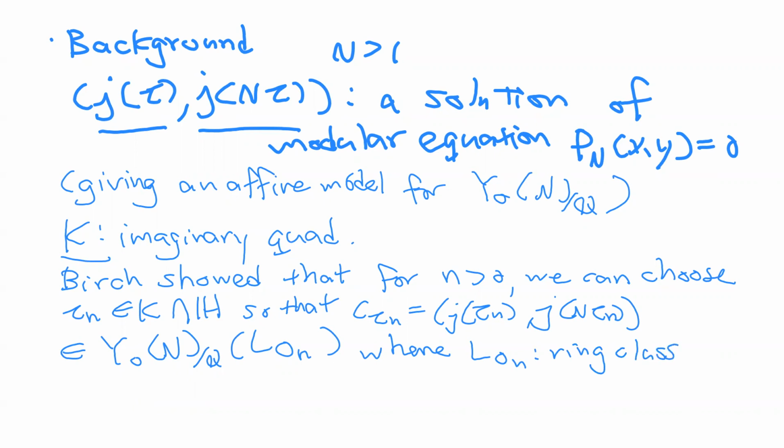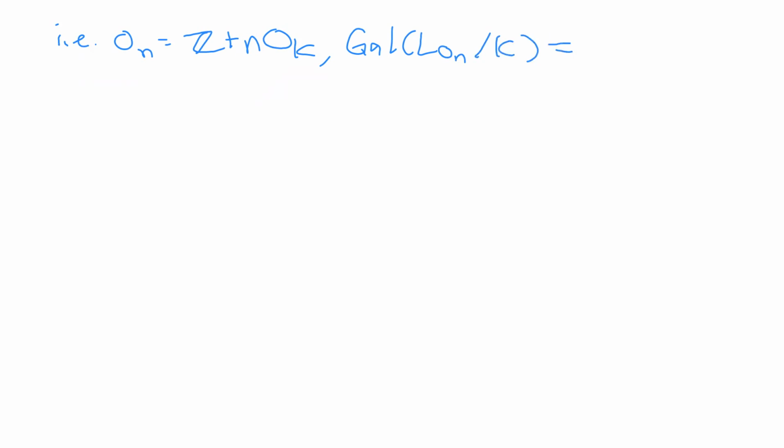It's called a ring class field in the sense that O sub n, as you may know if you're familiar with this, is the order, a subring of O sub K with conductor n, and L sub O sub n is called the ring class field in the sense that its Galois group over K is canonically isomorphic to the class group of O sub n.